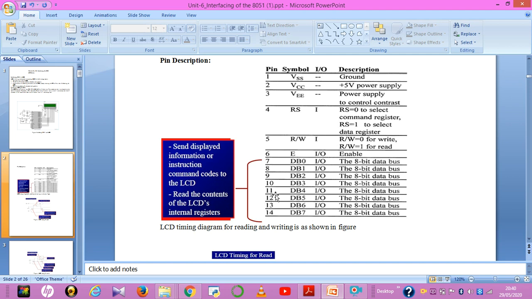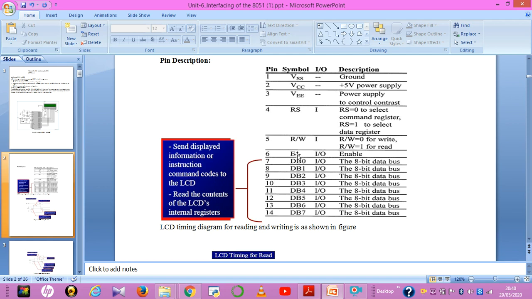Pins 7 to 14 are DB0 to DB7, used as I/O, input as well as output pins. These pins are used to carry the 8-bit data between the LCD and 8051. You can use these pins as input as well as output.